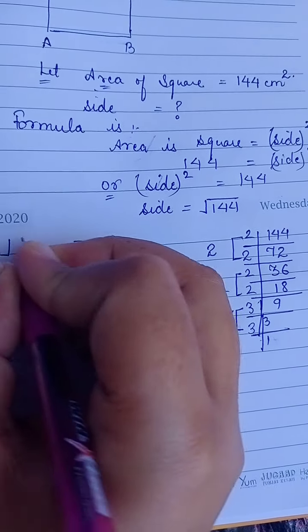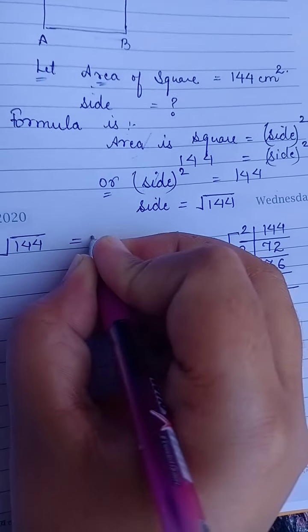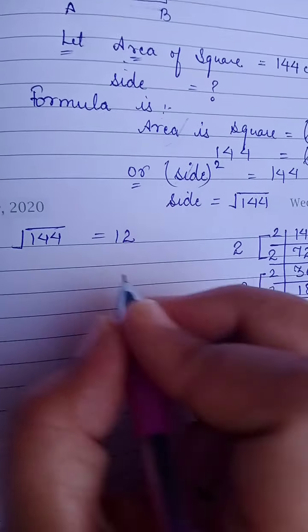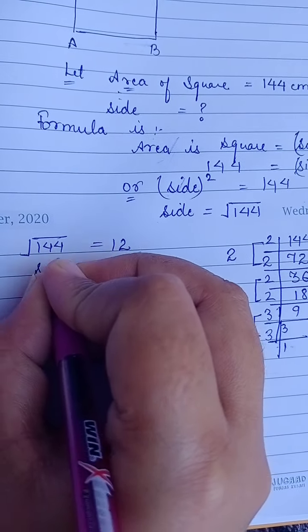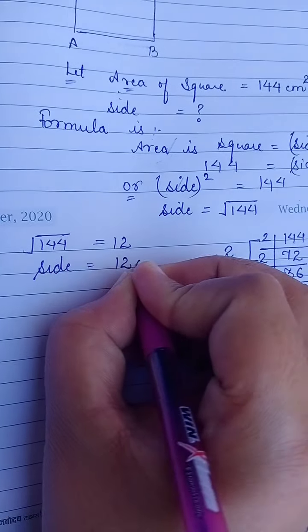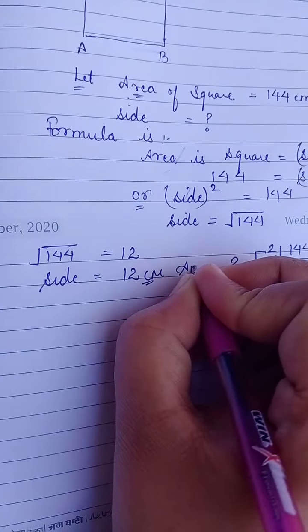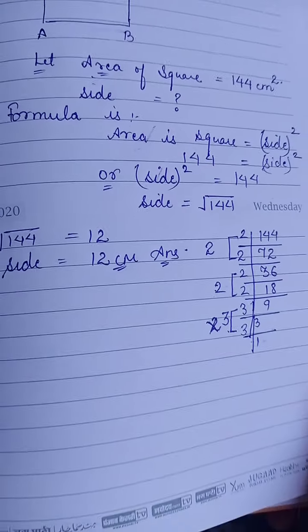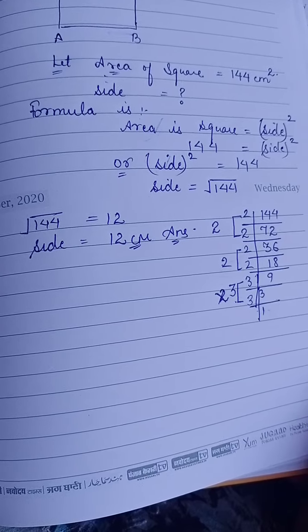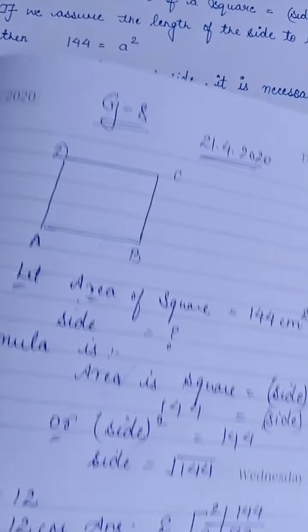Therefore root of 144 equals 12. So your side equals 12 centimeters. Answer. Got it, bacha? So let's start our next situation.